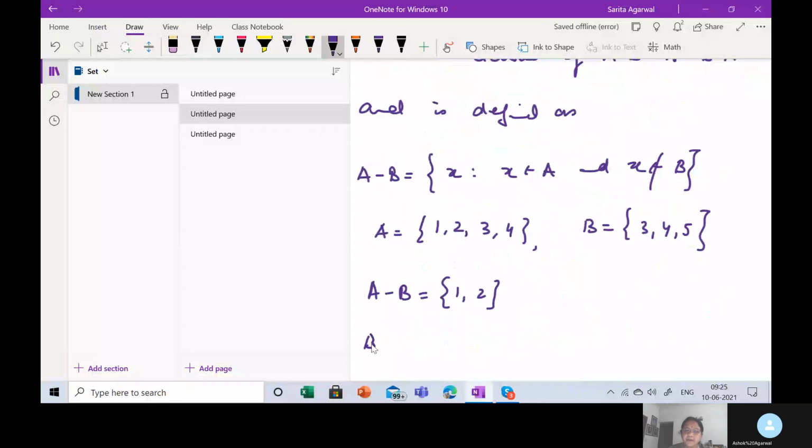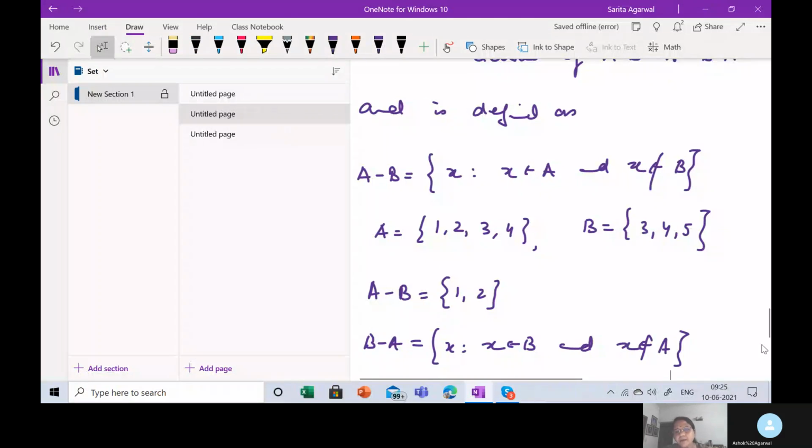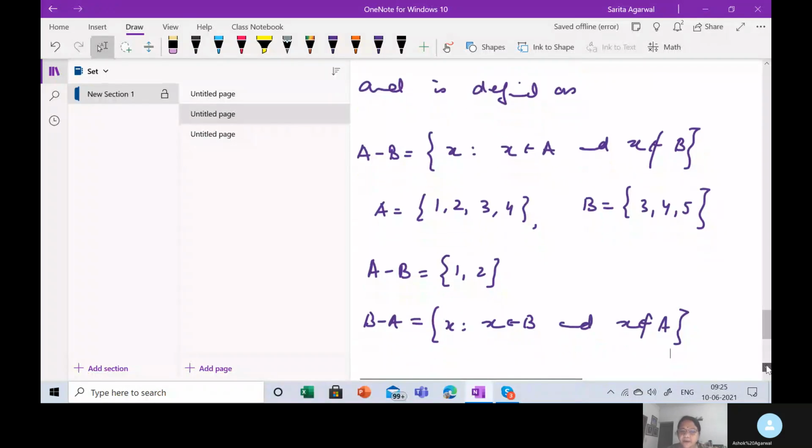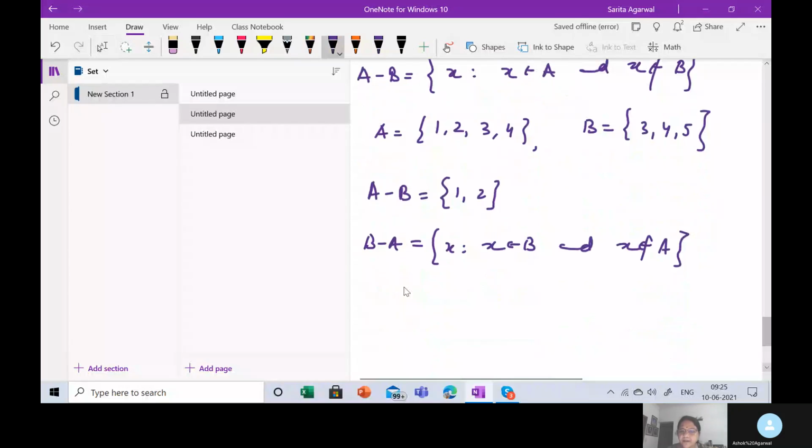B minus A is {x such that x belongs to B and x does not belong to A}. So in this example, B minus A, the elements which are in B but not in A, is just 5. Okay, so that is the difference.